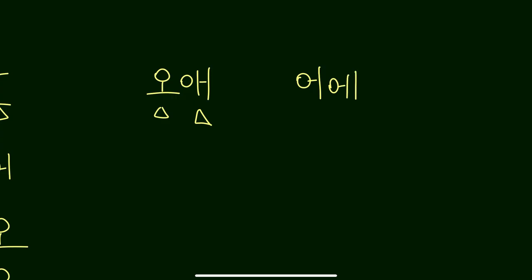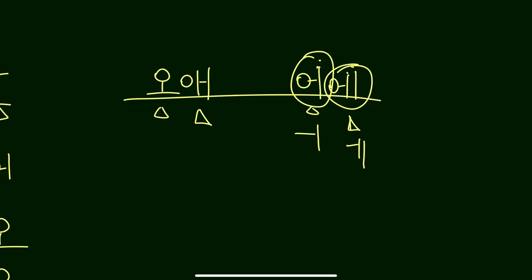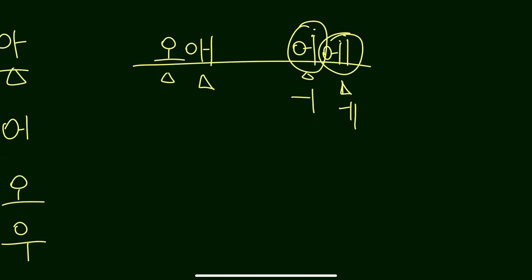You might want to pause the video and try to sound them out before I give you the answer. The first one sounds like oh, and the second one is eh, so this one will be oh-eh. Those are not actual words. We just haven't learned enough to come up with an actual word. But that's kind of how it works.